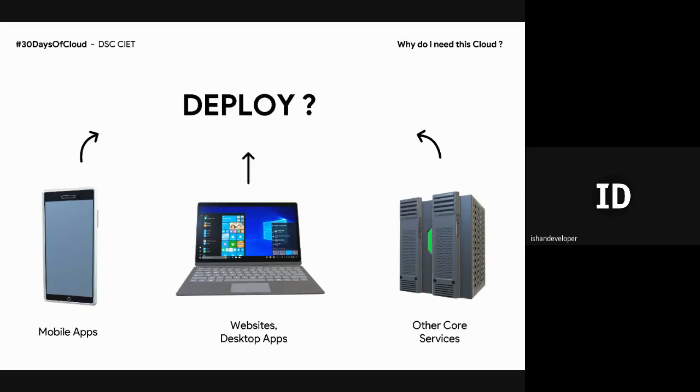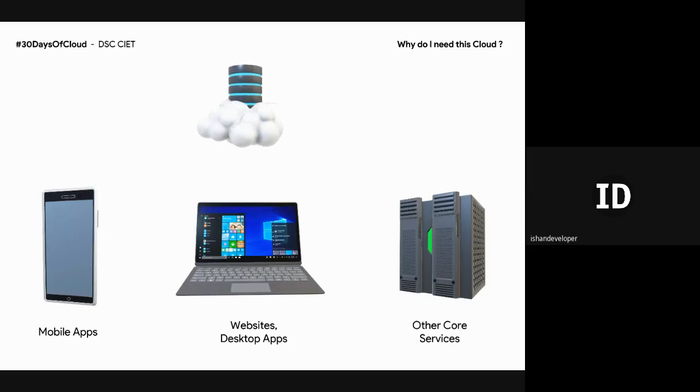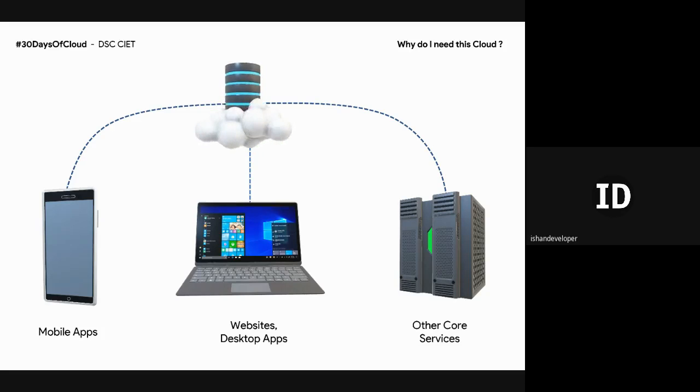And this is where cloud plays a very crucial role. The major benefit of using cloud is that all these services can be integrated with each other. The cloud on the backend will communicate with your mobile app, with website, and other core services to provide a seamless experience.